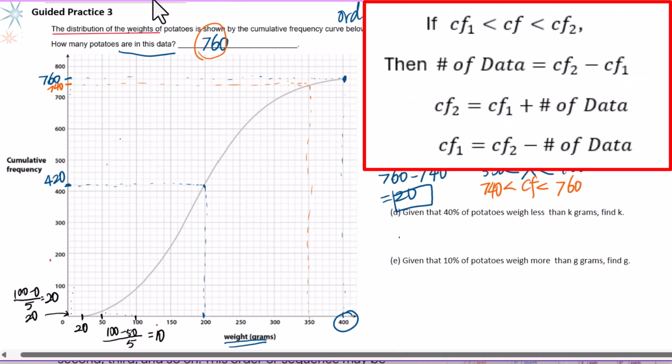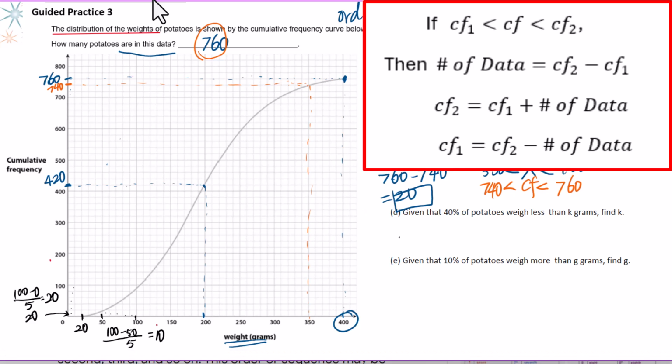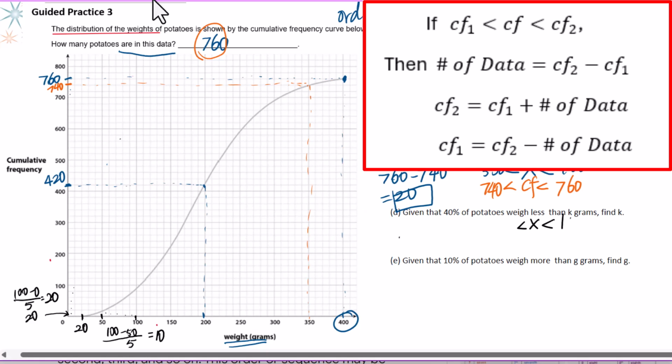Look at D. Given that 40% of potatoes weigh less than k grams, find k. Let's form this compound inequality. Less than k grams, it has to be greater than 20. So look at the CF.